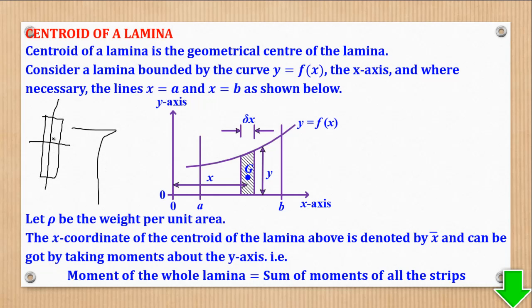And for a rectangle, it is at the midpoint. This intersection is at the midpoint. So this small strip approximates to a rectangle, whereby the whole of this is y. Now this position of the center of gravity must be at the point which is half the total height, which is half y. So that is why we use half y.